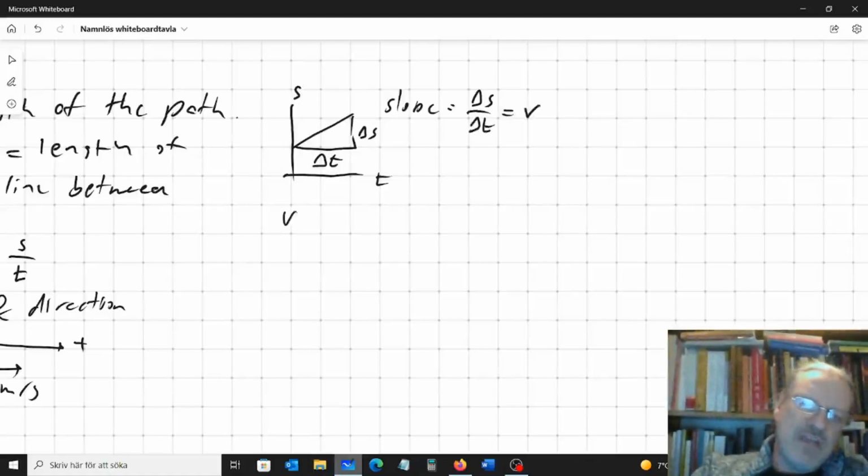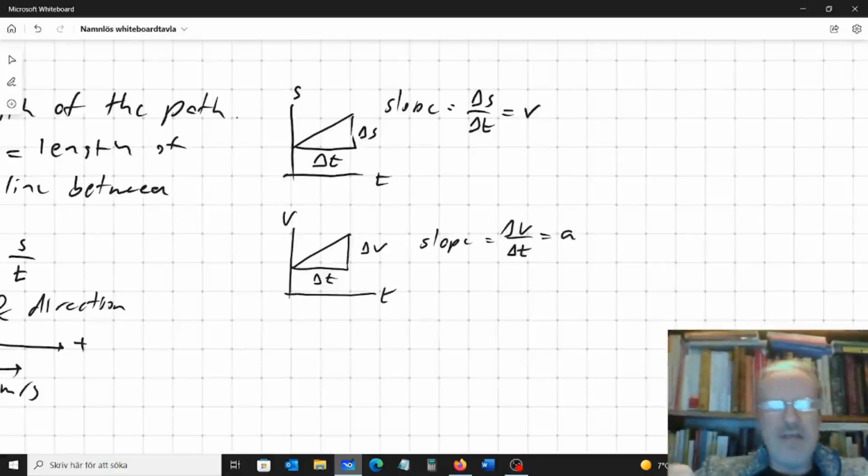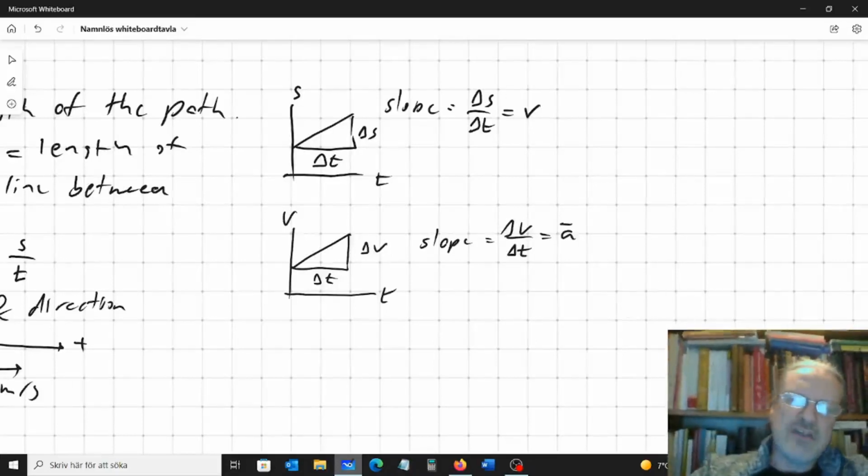If we have a v-t graph, on the other hand, then the slope, delta v over delta t, equals the acceleration a. But this is only, technically speaking, the average over an interval.